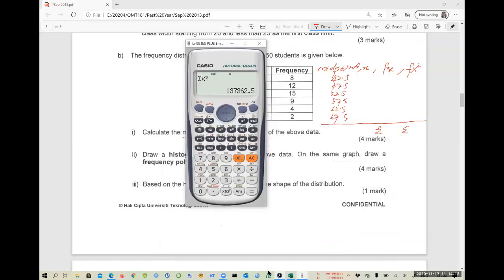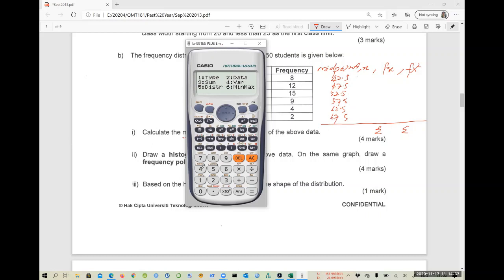So let me just bring up my calculator again. To get the answer for the mean, shift number 1 again. Number 4 here gives you the mean and the standard deviation variables. Number 4 VAR refers to variables, which are the mean, standard deviation, and so on.